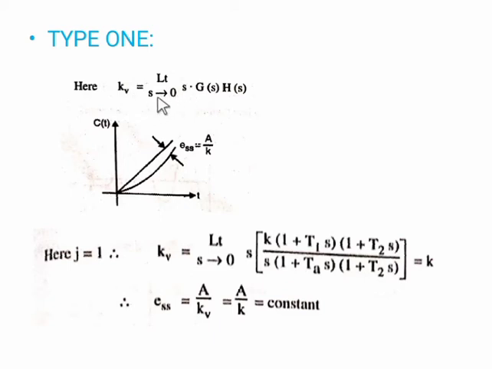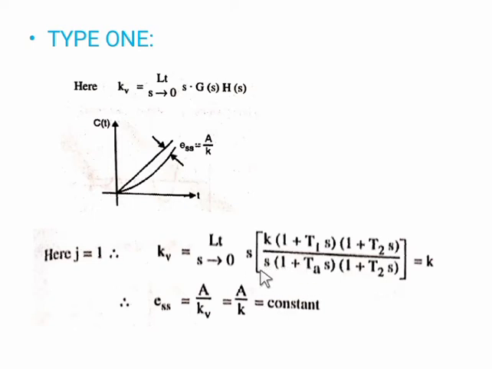Kv is limit s tends to 0 of s GsHs. Now GsHs is K(1+T1s)(1+T2s) divided by s(1+Ta s)(1+Tb s), since type 1 system has s raised to 1. So this s and this s will cancel out.